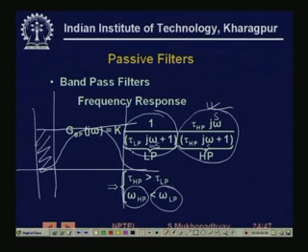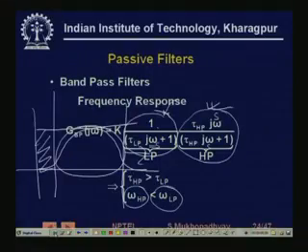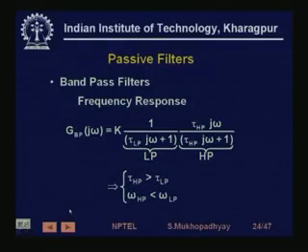Around here the gain is almost 0 because the low pass gain is 0, and in between there is a frequency band in which none of them are 0 and they are substantial, and you get a gain. So you get a band pass filter by cascading a low pass and a high pass filter and ensuring that the cutoff frequency of the high pass is lower than that of the low pass. So this is a simple way of creating a band pass filter.